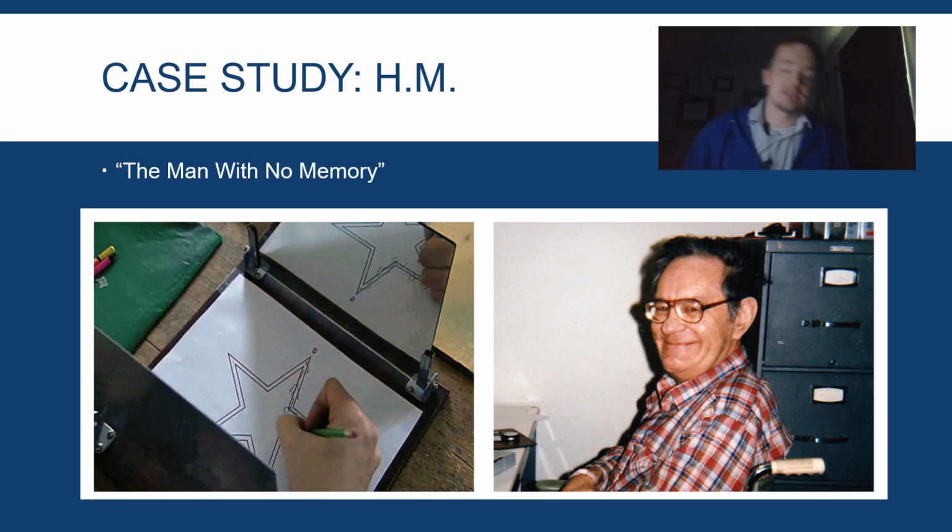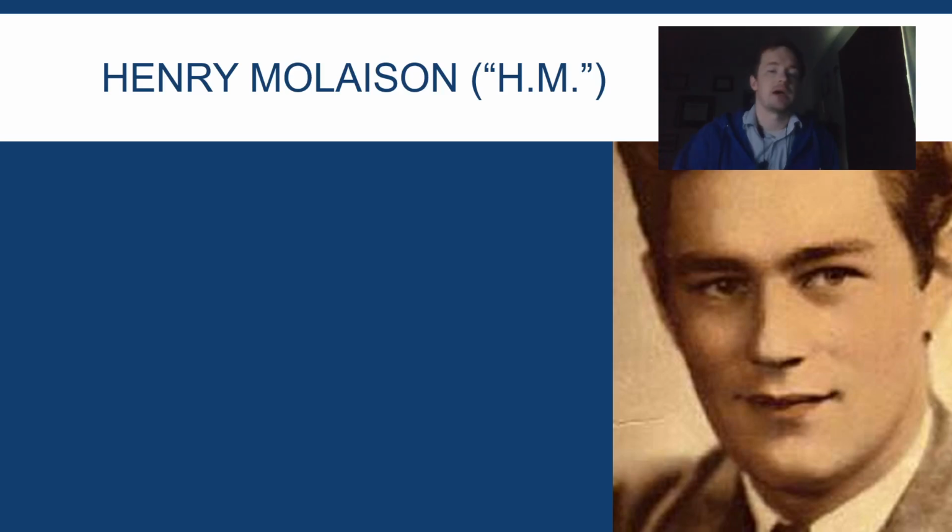This guy, his name is HM, and in this semester we have seen a video of someone like HM. Basically, HM's story: he's considered the man without memory, or he was before he passed away. He lived quite a long time, but he died about a decade ago or so.